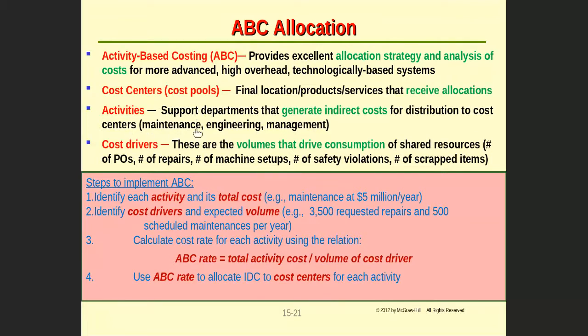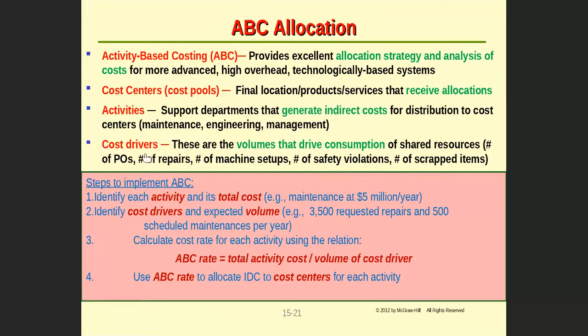For example, the maintenance cost, the management cost, or the engineering, and that will be considered as the activity of the indirect cost, based on the department or the section that you are triggering to calculate the indirect on.